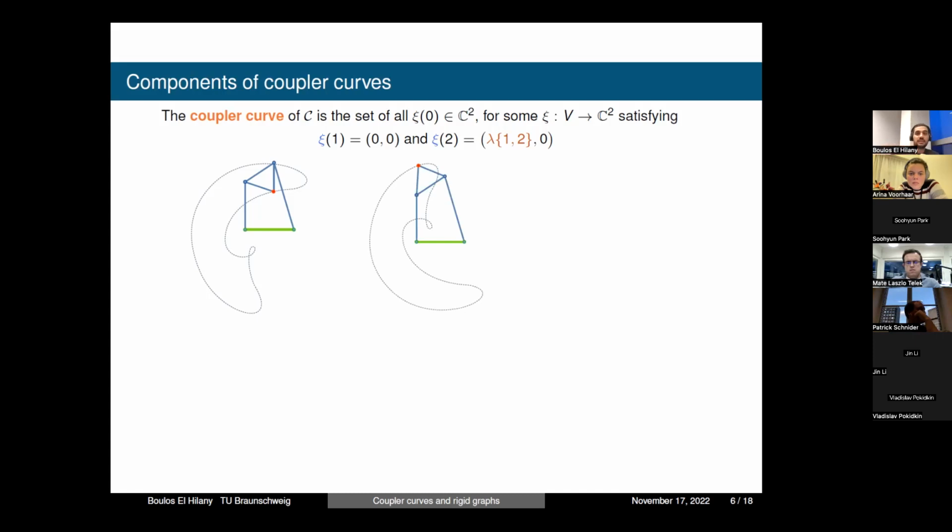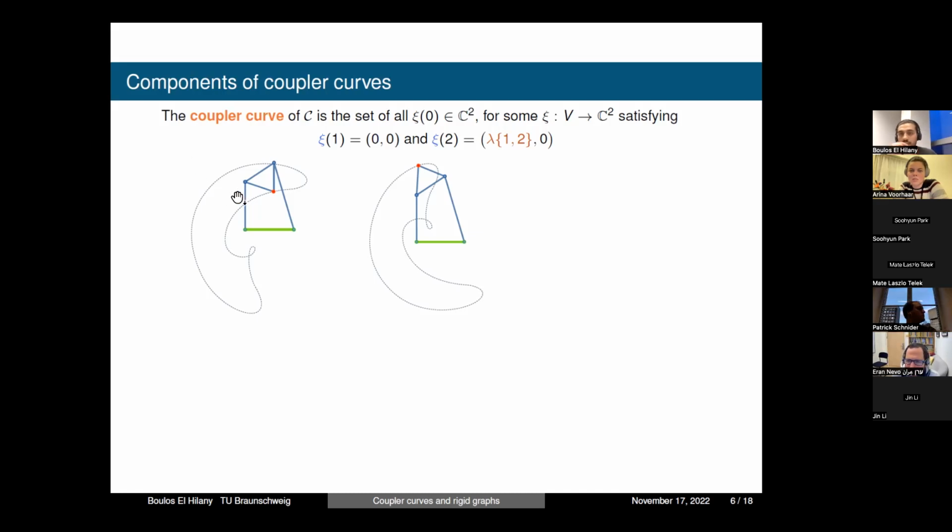Here on the right, we see a family of realizations. One cannot be obtained from the other, and to obtain it, we just flip one triangle, and we can obtain a completely different curve. From the algebraic geometry point of view, this means that we're looking at connected, irreducible components of algebraic curves. So just to make sure, for every realization, you look at its own curve.